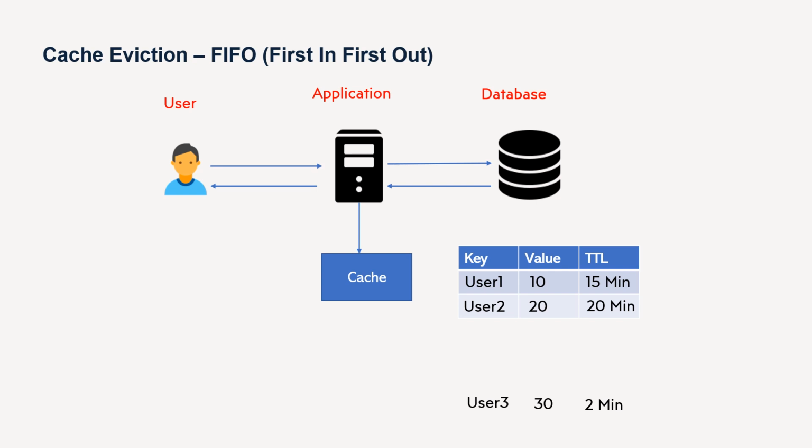So it will evict user one because it was placed first in the cache, and then we will insert the fresh value, user three, into the cache. So in this strategy, we check what is the first in, first out data that is going to be evicted, and then you can insert your new data into the cache.